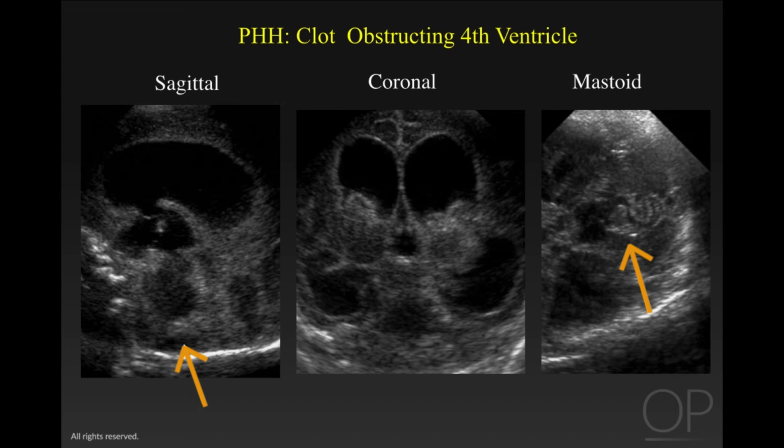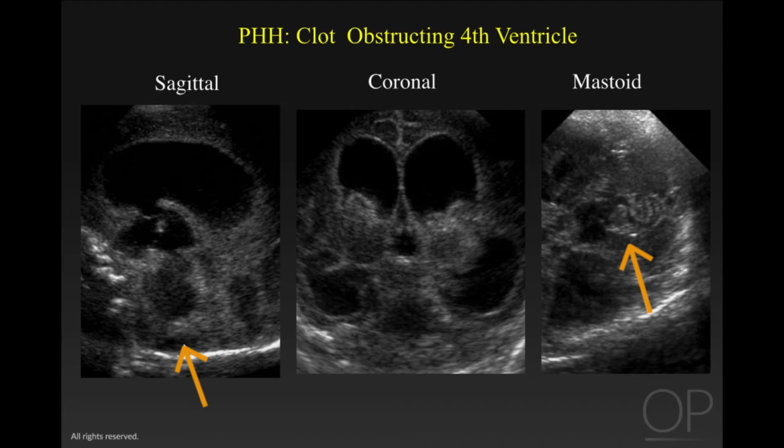The most common use for the mastoid view is the evaluation of obstruction of the ventricular system due to clot. Here on sagittal and coronal images, we can see marked dilatation of both lateral ventricles, the third ventricle and the fourth ventricle.